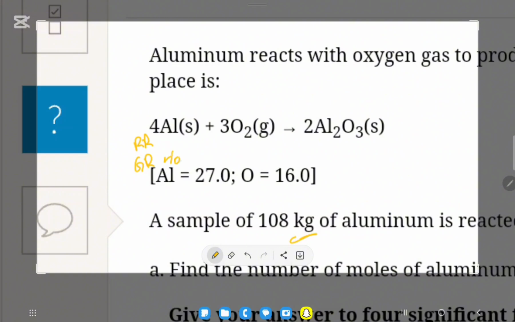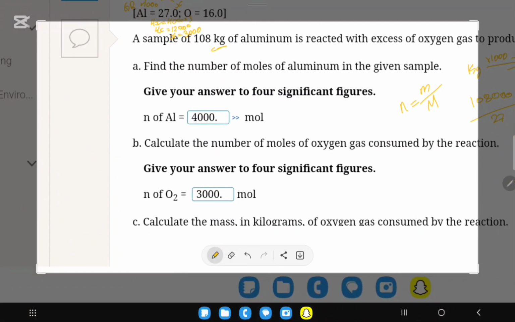We have 4,000 moles in the RGR and X moles for O2. 4 in the RR for Al and 3 for O. You cross multiply, so 4x is 4,000 times 3, so 4x is 12,000, and x, 12,000 divided by 4 is 3,000. You get the number of moles of oxygen to be 3,000 moles.